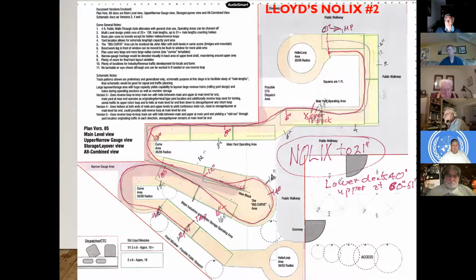This is just for the hell of it. I took Stan's diagram and started without taking any turns on the helix, which I would have loved to have done, because that's another 15 or 20 feet. Anyway, I went ahead and drew one in just for the hell of it, and you'll see where we get to the top.